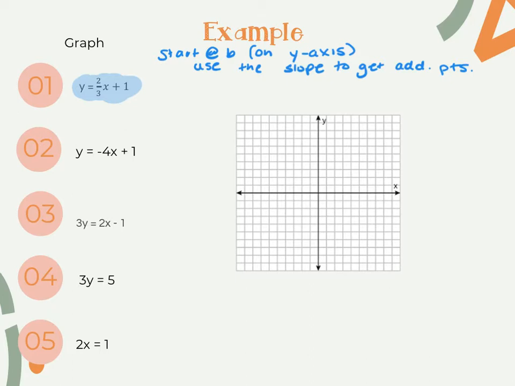So if I look at y equals mx plus b and compare it to this equation, my b is positive 1, and 2/3 is my slope. So plus 1 here, up 2 to the right 3, down 2 to the left 3.